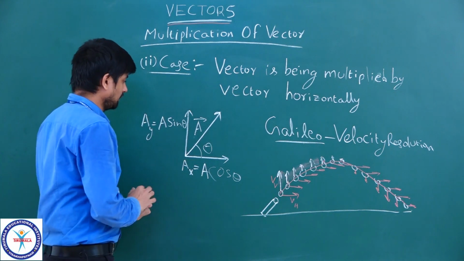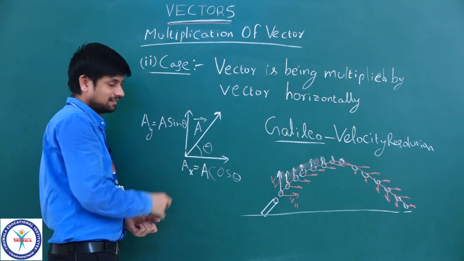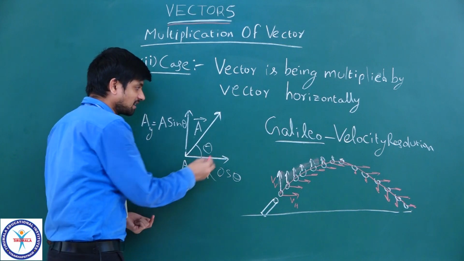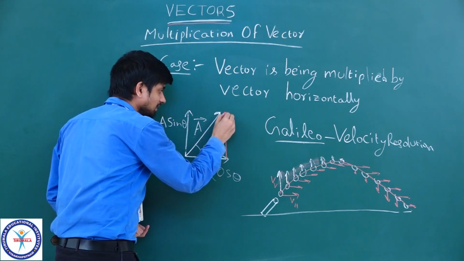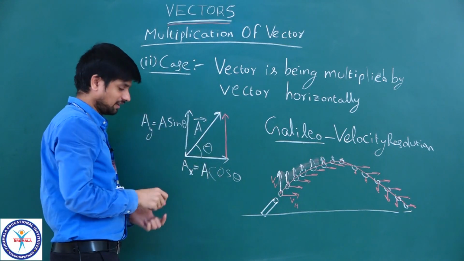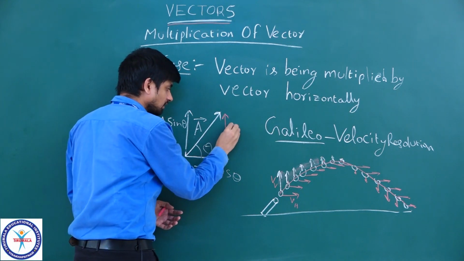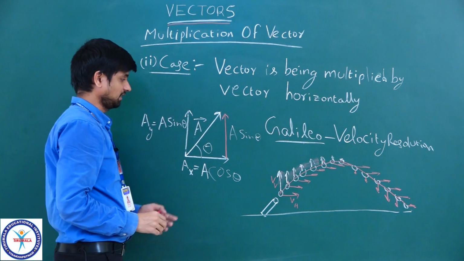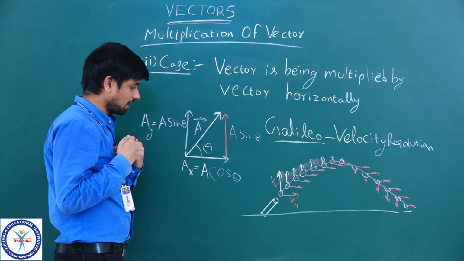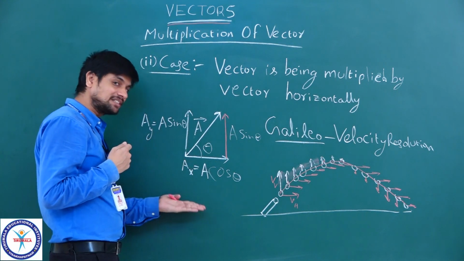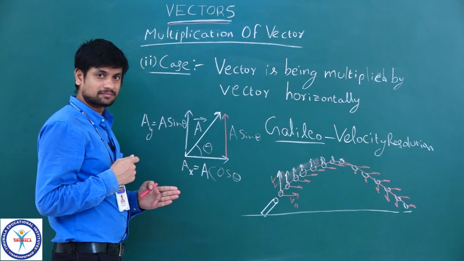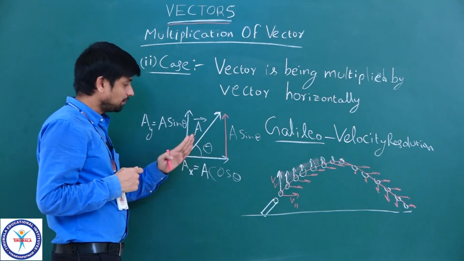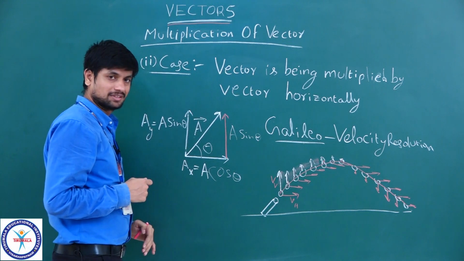Now, can I draw this A sin theta vertical component here, children? Yes, I can. Sometimes you have the horizontal and vertical components, but you want to know the magnitude.